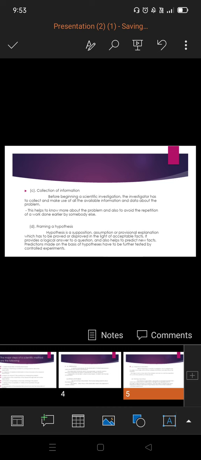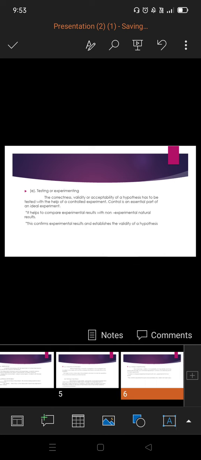The next one is testing or experimenting. The correctness, validity, or acceptability of a hypothesis has to be tested with the help of controlled experiment. Control is an essential part of an ideal experiment. It helps to compare experimental results with non-experimental natural results. This in turn confirms the experimental result and establishes the validity of the hypothesis.